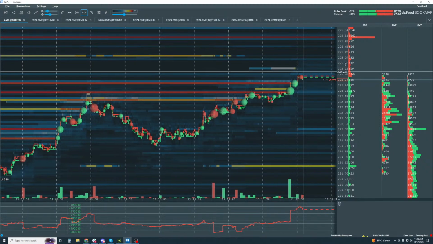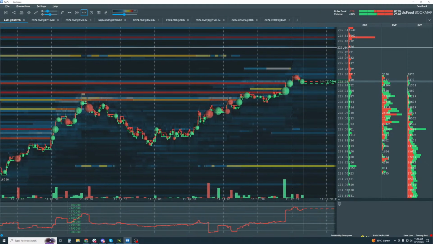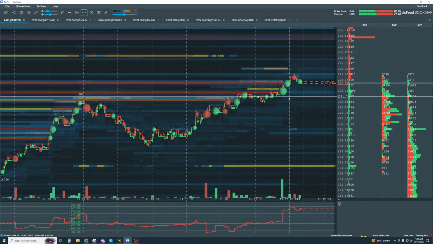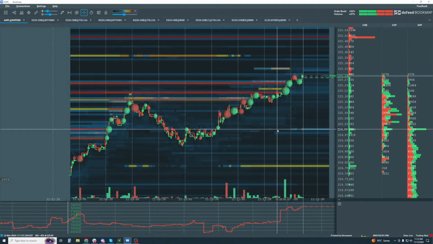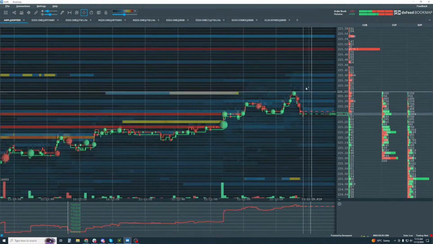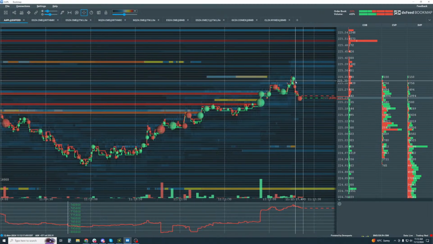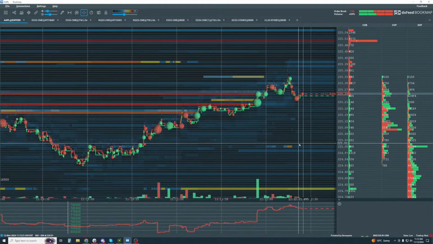That's up here at 225.50, very high liquidity there. And then at 225 down here, there was high liquidity, but it traded through. Let's see, we can get that pullback now.